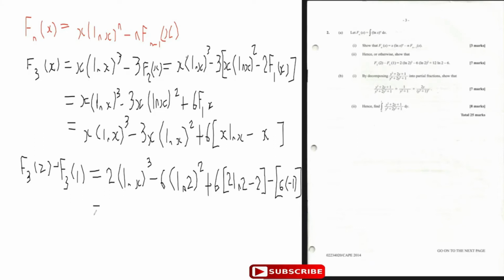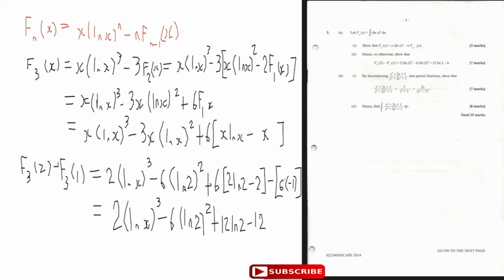So all of this is going to work out to be 2 (ln 2) cubed minus 6 times (ln 2) squared, plus, now 6 times 2 ln 2, that is 6 times 2 is 12, so it's 12 ln 2, minus 6 times 2 is minus 12.